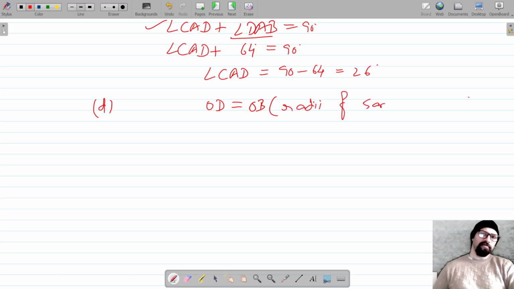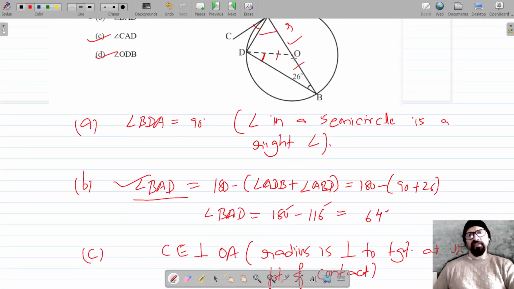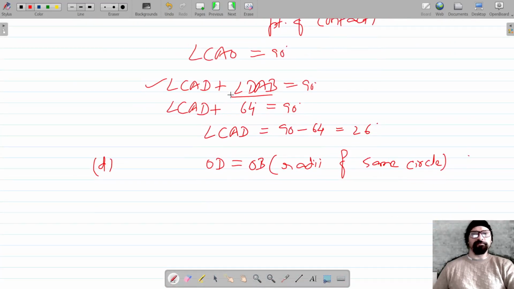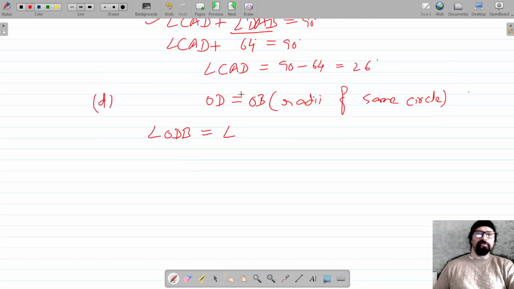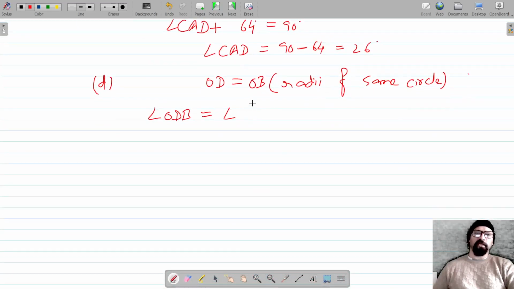So in triangle DOB, angles opposite to these two equal sides are equal. So angle ODB and angle OBD are equal, and which is 26 degrees.